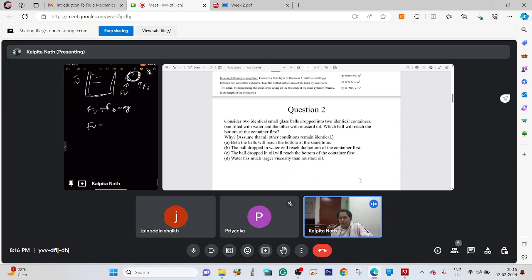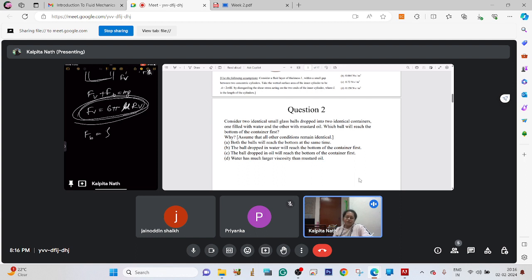The viscous force will be given as 6 pi mu rv. I won't derive this; you will see it in later classes when sir derives it. For low velocity, this is the equation that we'll be using for viscous force. And buoyant force means the density of the fluid, the volume of the body that is immersed in that fluid, into g.